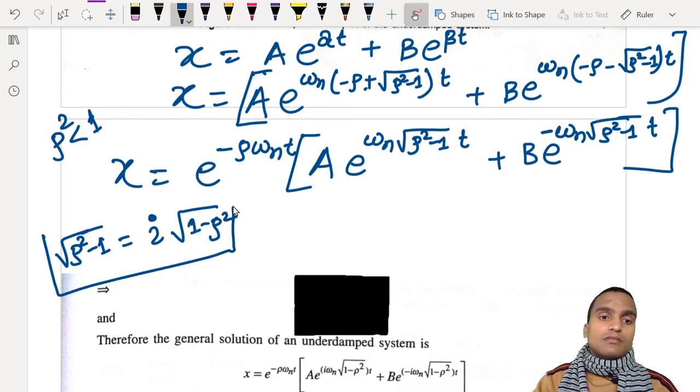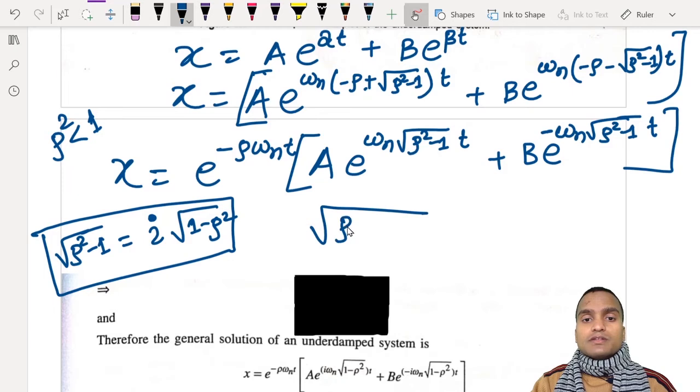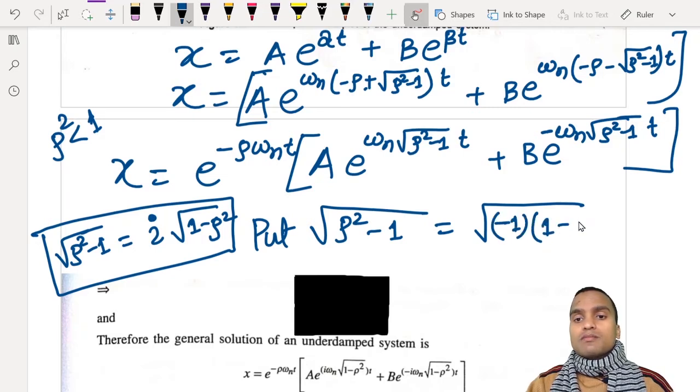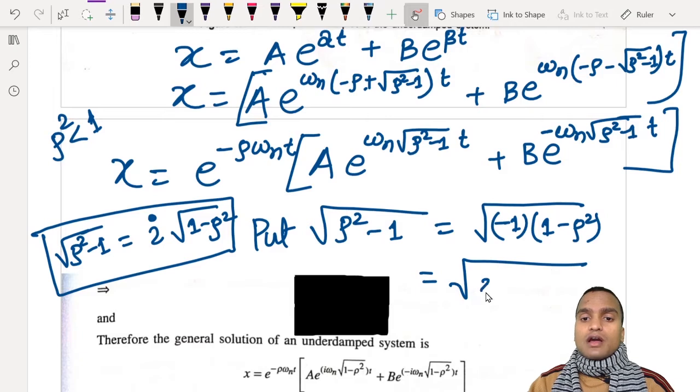How is this written? We can put rho square minus 1 equal to, taking minus 1 as common, minus 1 times 1 minus rho square, and we know that minus 1 is the square of iota, so it is equal to root under iota square times 1 minus rho square.